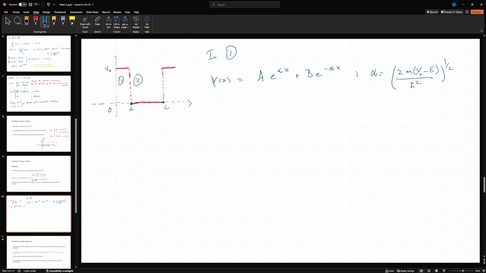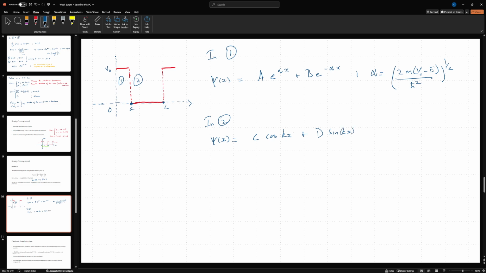And then in region 2, psi of x, for simplicity, I'm going to lose the exponential notation. I'm just going to write C cos kx plus D sin kx.